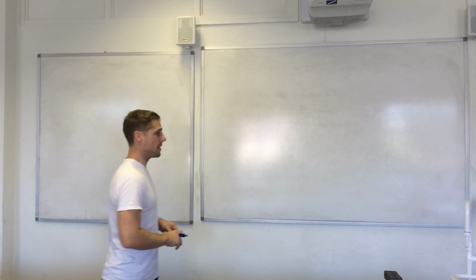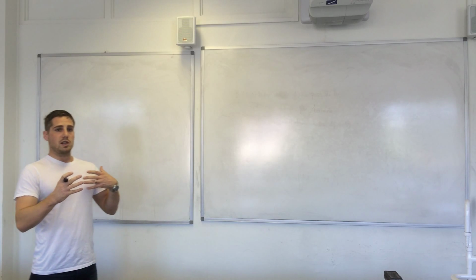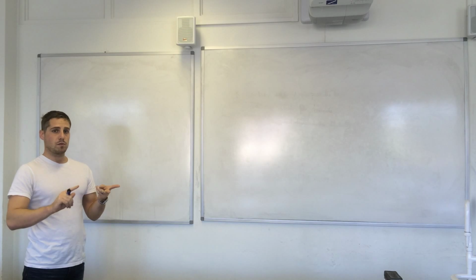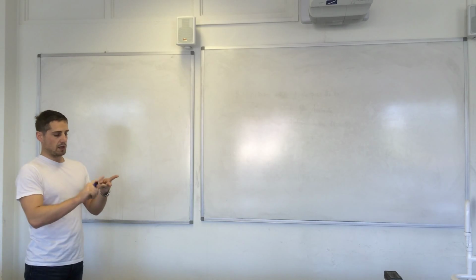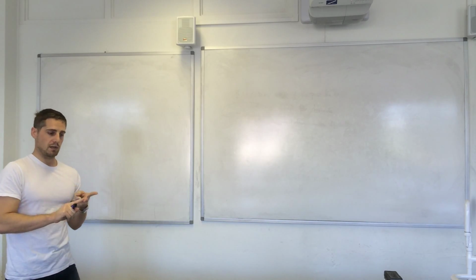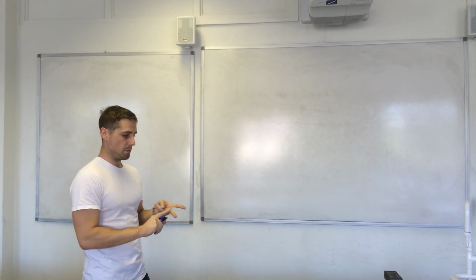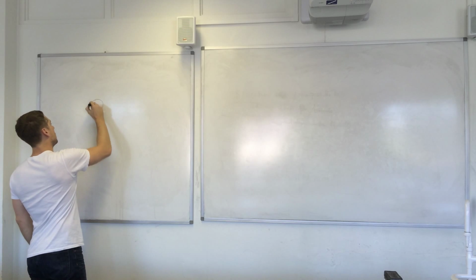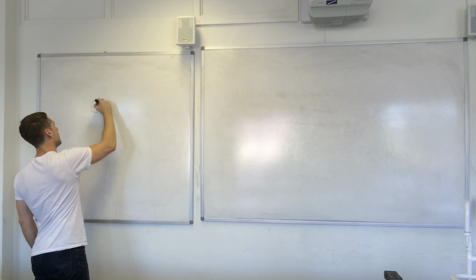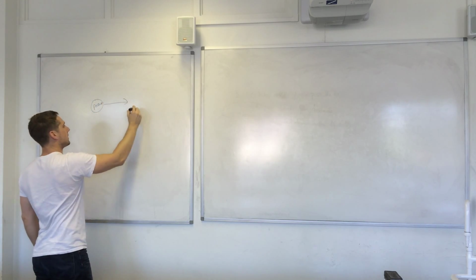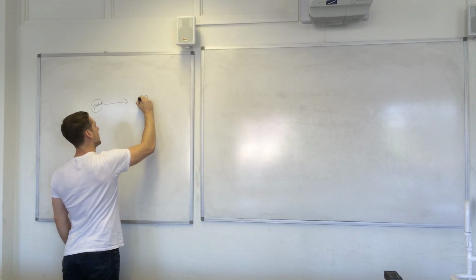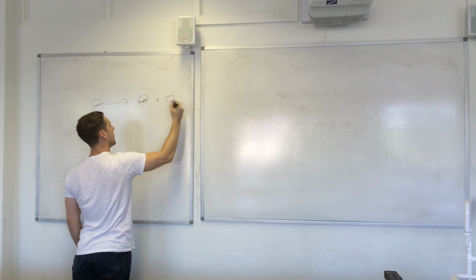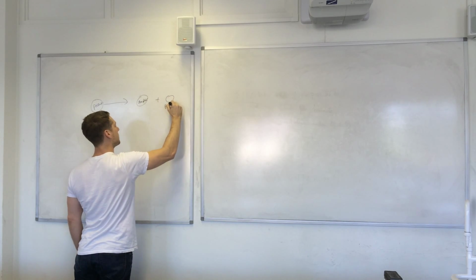And it does that by ejecting either a particle or an electromagnetic wave, maybe even both, but we're just looking at the easier examples of one or the other, a particle or a wave. So you have your parent, and that turns into a daughter plus some particle or wave.